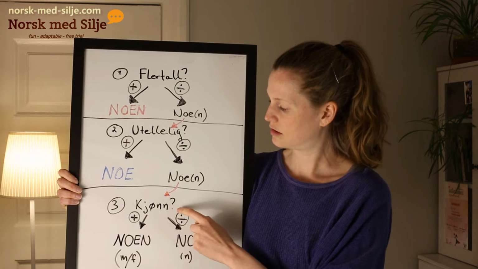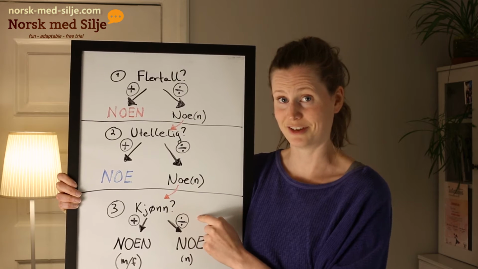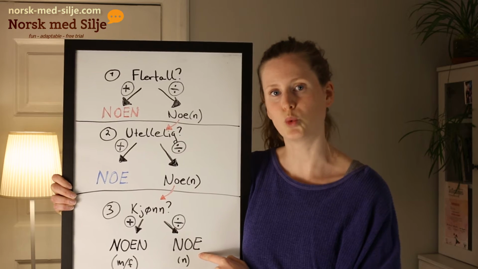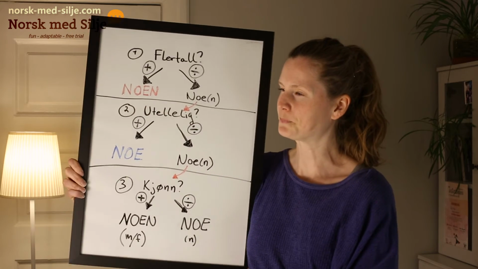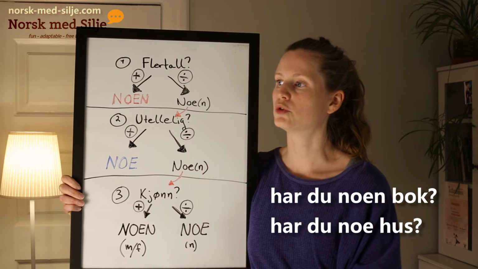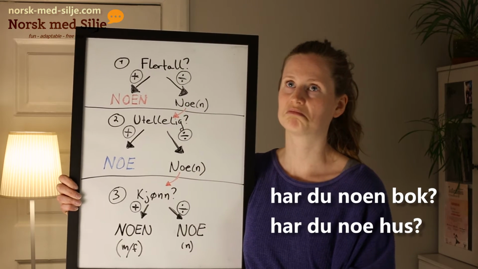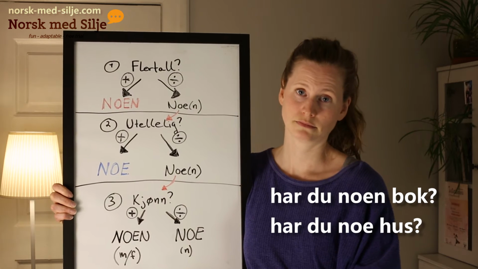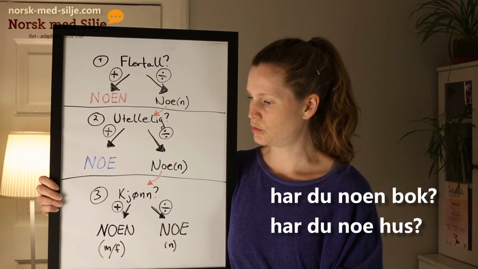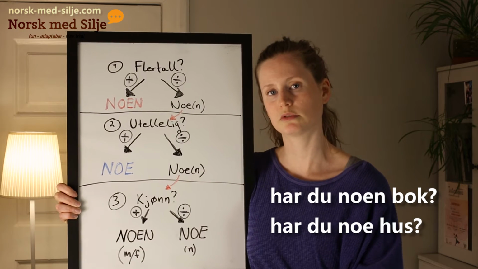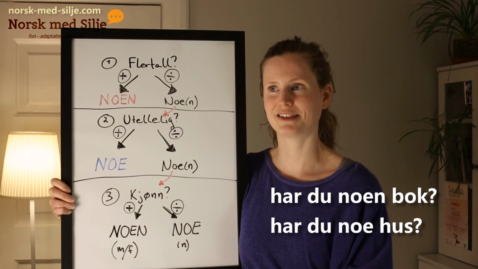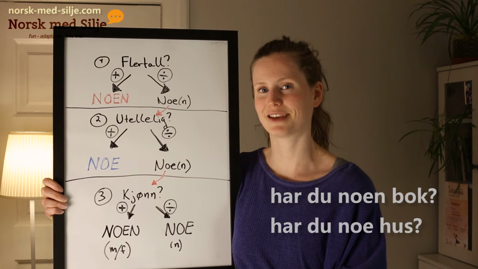And if it does not have a gender, if it's neuter, then you use noe. For instance, I could say, har du noen bok? Do you have any book? Har du noe hus? Do you have any house? And you might have noticed that now I said any. I didn't translate it with some.